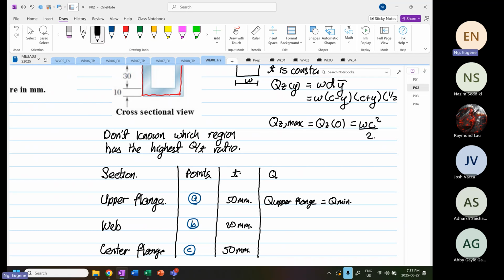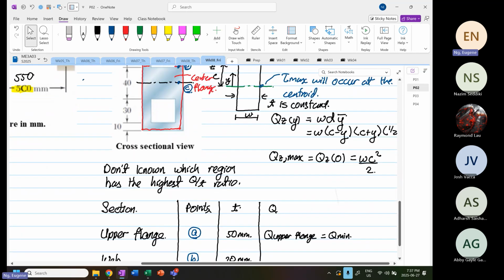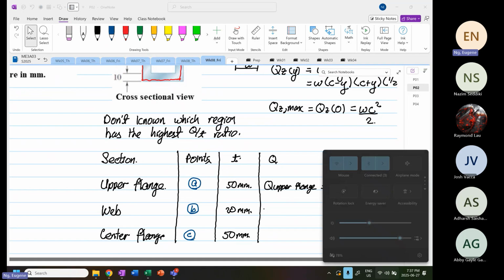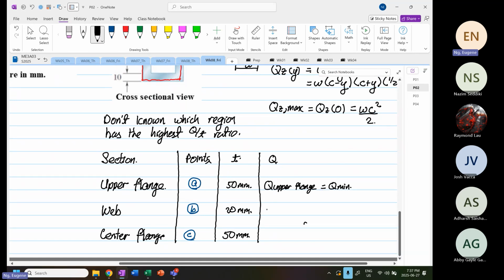Now, at point B, we have to consider the first moment of area: the Q of the upper flange plus the Q of the web.